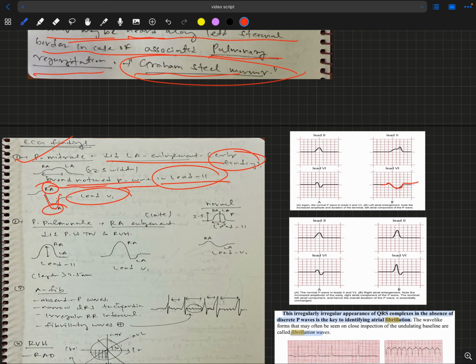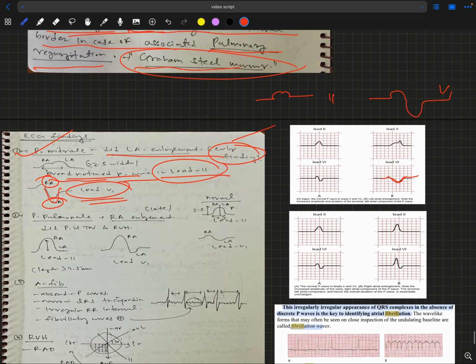Due to LA hypertrophy, this lower component will be larger, so there will be a deep dip. This is the finding in lead 2, and this is the finding in lead V1 in case of left atrial hypertrophy or P mitrale in MS. This is the early finding.